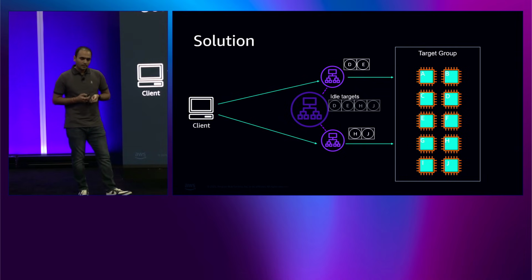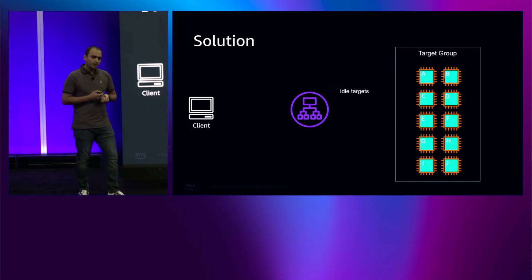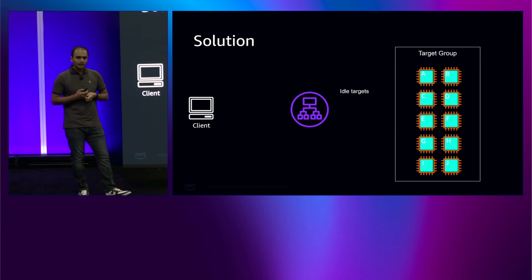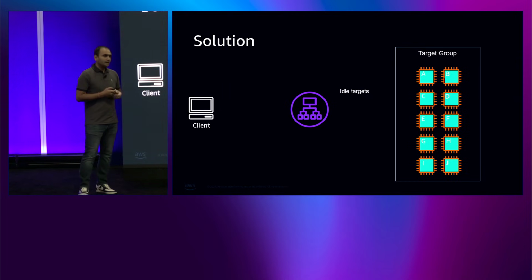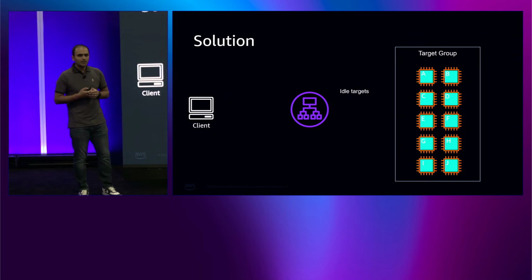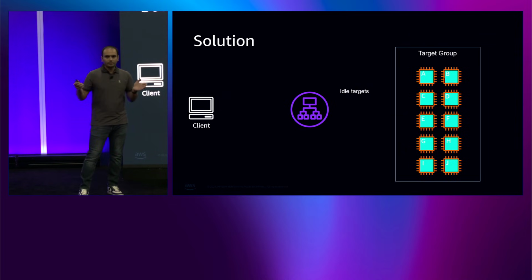So far so good. But we would want our solution to be slightly more sophisticated than that, because the example we've been taking is where each target can only process 1 request at a time. In most cases, each target will be able to process not 1, but 5 or 10 or 100 requests at a time.